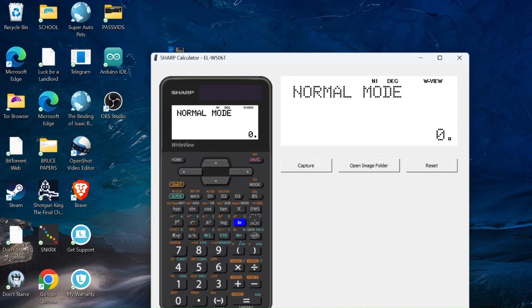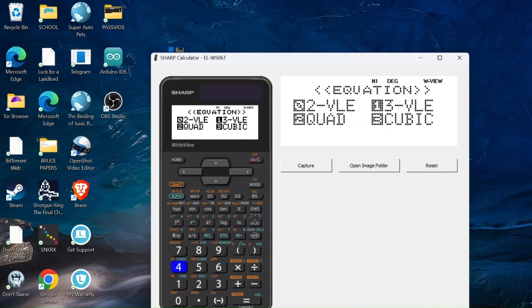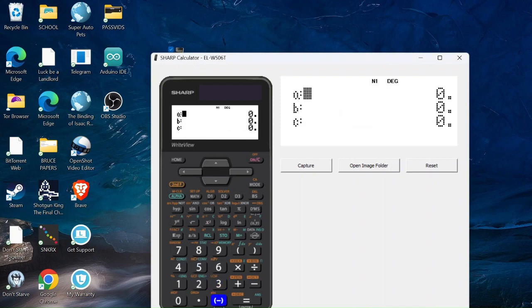So we go to our mode, 4 for equation, 2 for quadratic, and we had, let's see, 3.5 for A, negative 17 for B, and negative 124 for C. And that's what we got, 8.86 and negative 4 for x.